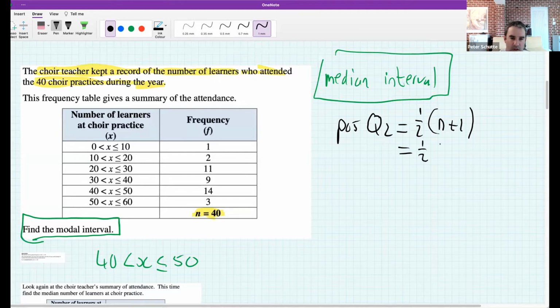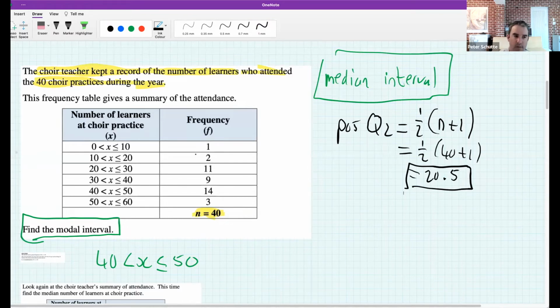So I'm going to suggest that the median interval is in the position 20.5. And so you have to ask yourself, this data is already arranged from smallest to biggest.